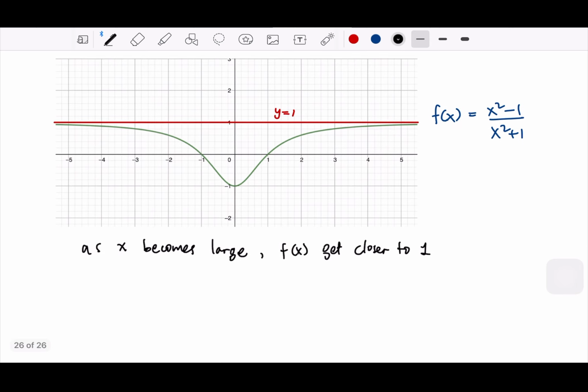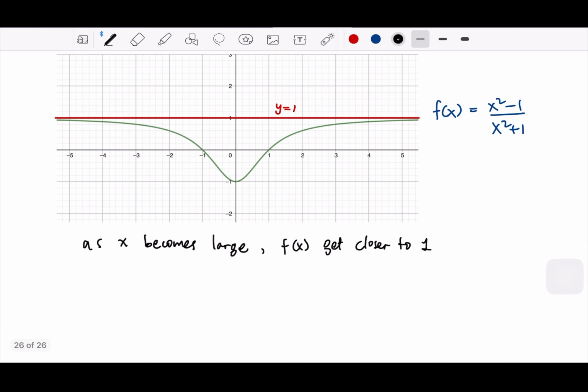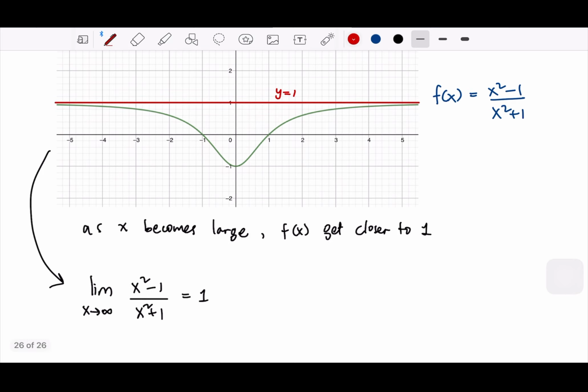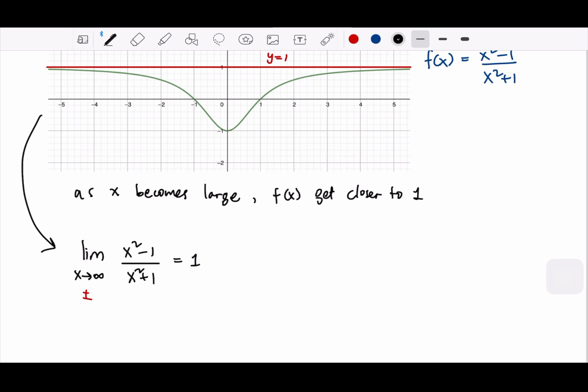So we can express this curve or this phenomenon as a limit as x approaching infinity. Of course, we can have positive or negative infinity, but let me just write in general first.